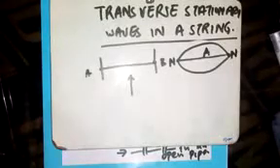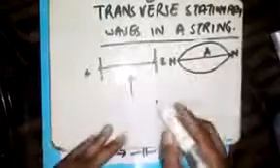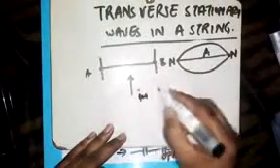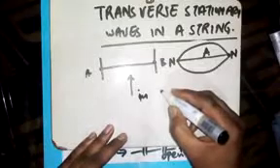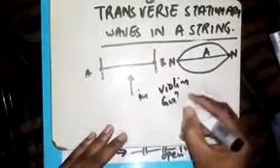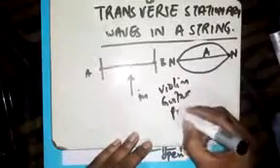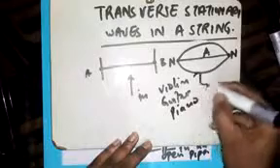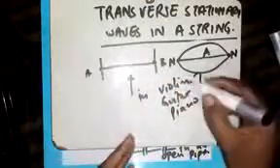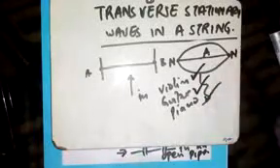This kind of transverse stationary wave occurs mostly in string instruments like violin, guitar, piano, etc.